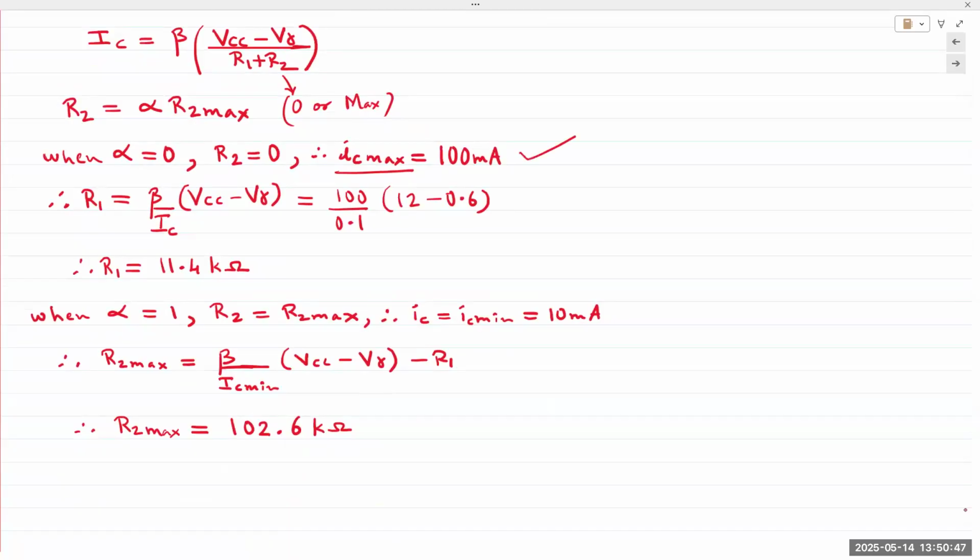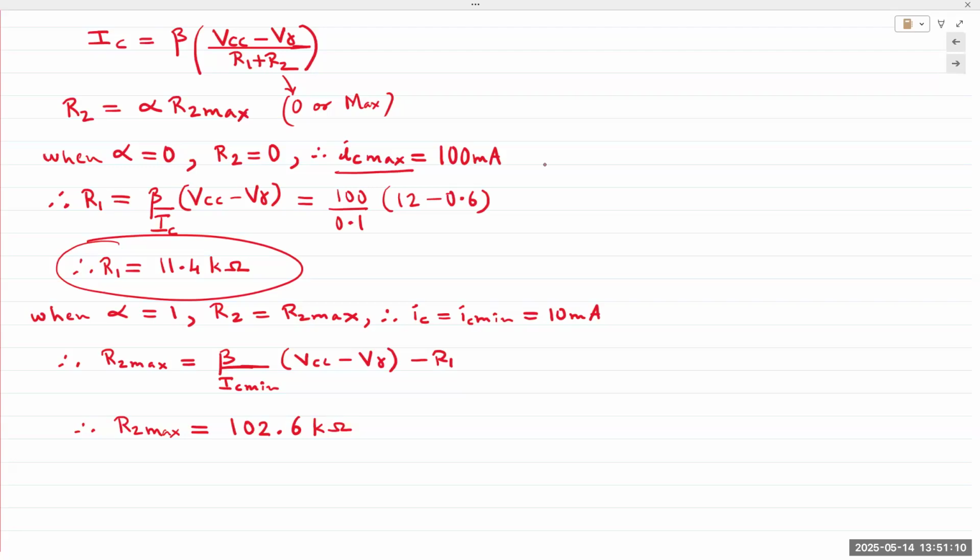And so when R2 is 0, we get IC max. Lowest resistance gives us the maximum current, 100 milliamps. We plug that in and obtain the R1 value as 11.4 kilo ohms. Now that we have the R1 value, we can use the similar equation to calculate the R2 value.